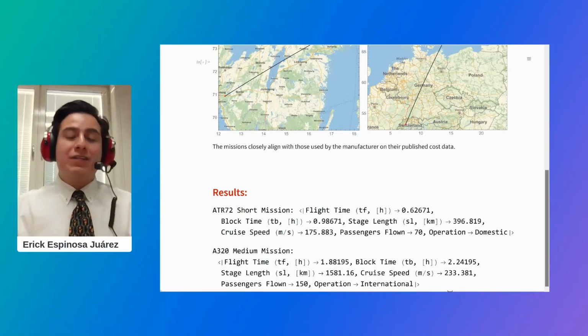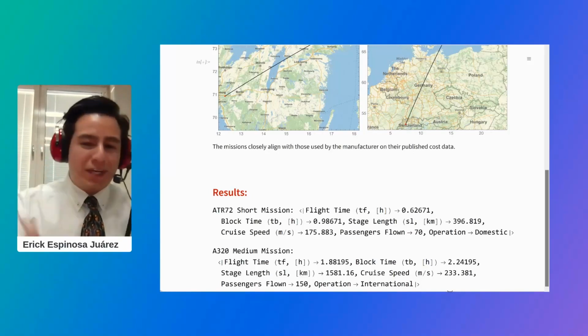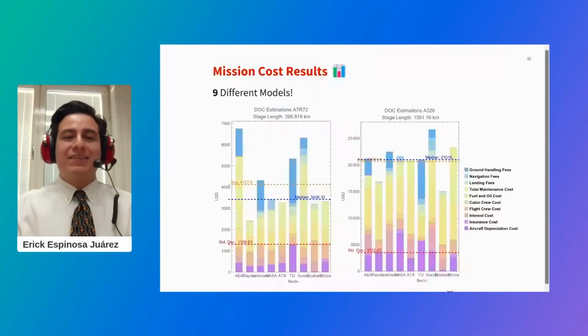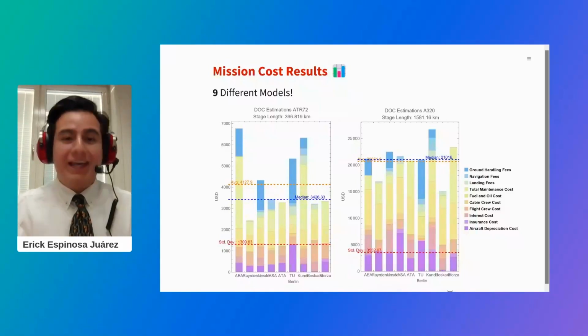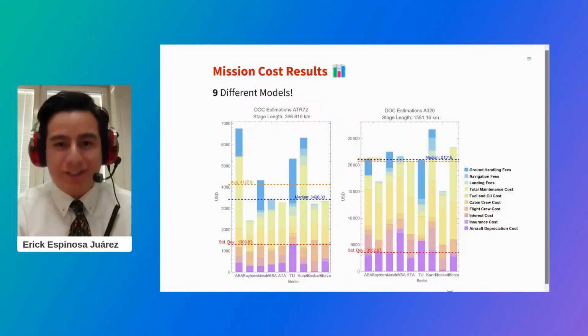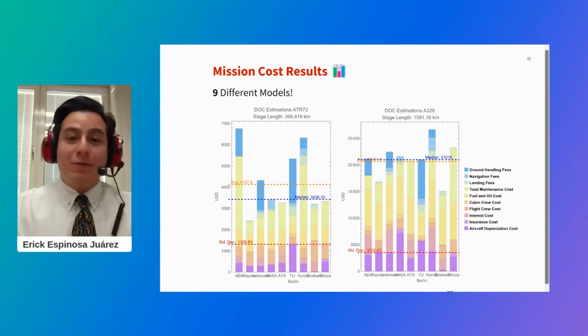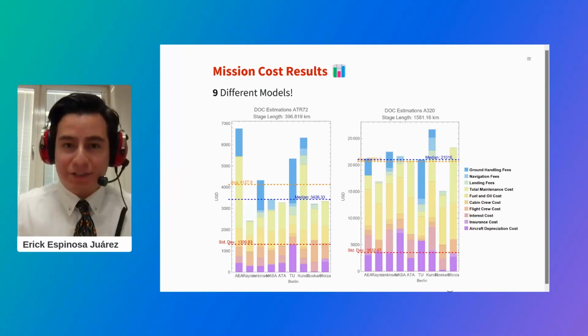After that, using these results of the mission, how fast you flew, how much time it took you, and the distance, you get that into the direct operating cost models. And bam, you get your total direct operating cost. I searched for 9 models. Those are the ones that are most widely used, available in the literature.